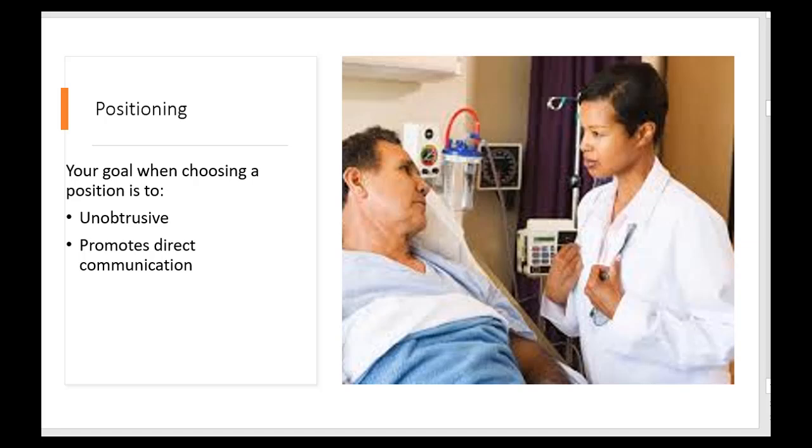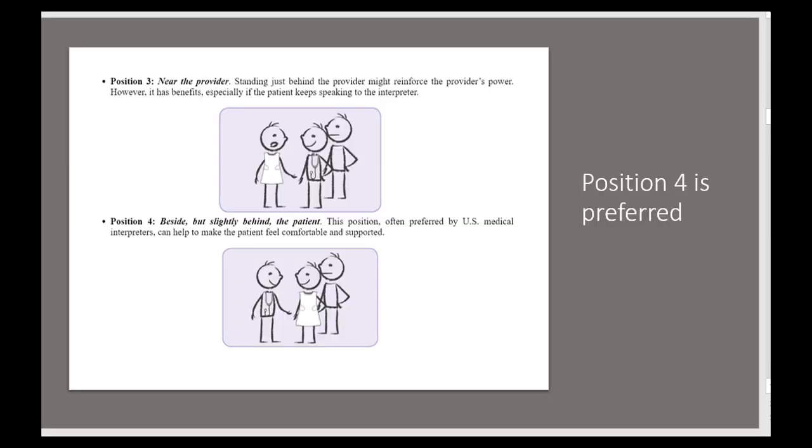So now that we know that that is the rule, we are going to take a look at some of the positions that are possible and the optimal one, and what is going to determine where you stand or sit. In your book on page 93, you will see that there are 4 different positions listed.